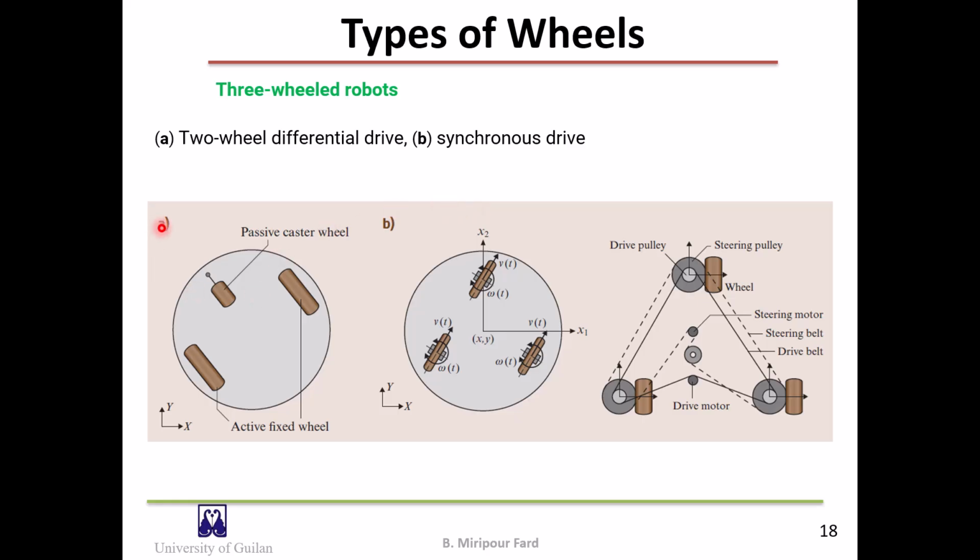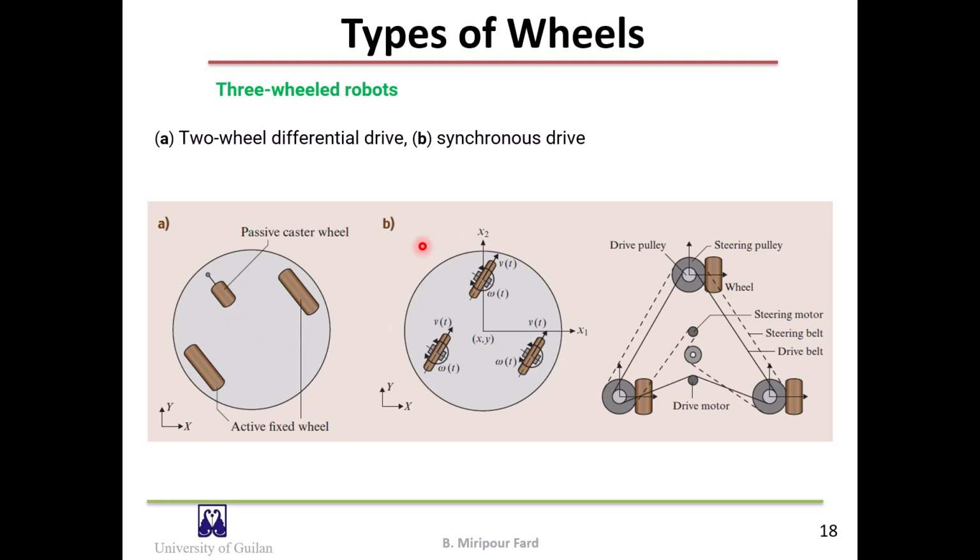Figure A shows a two-wheel differential drive robot composed of two active fixed wheels and one passive caster wheel. So in total, the robot has three wheels. This is one of the most popular designs.